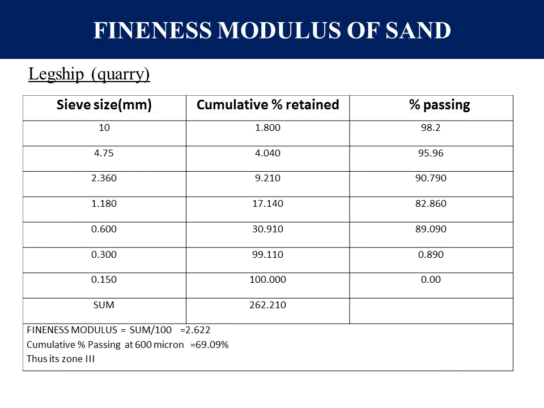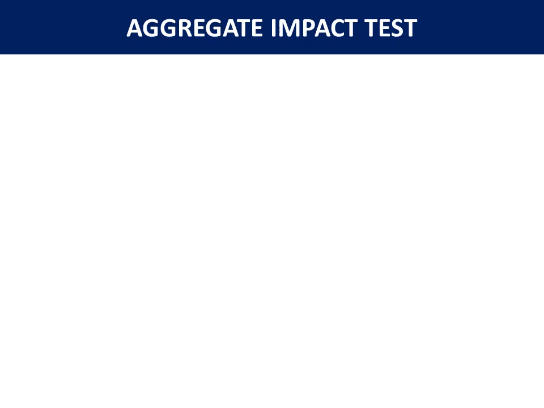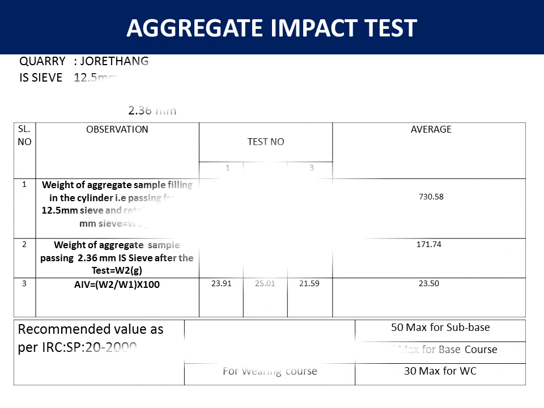Various laboratory tests performed on the material are enlisted, such as the fineness modulus of sand, wherein the sieve size with the cumulative percentage retained and the percentage passed were noted down, and they were further optimized to use in the manufacturing process.